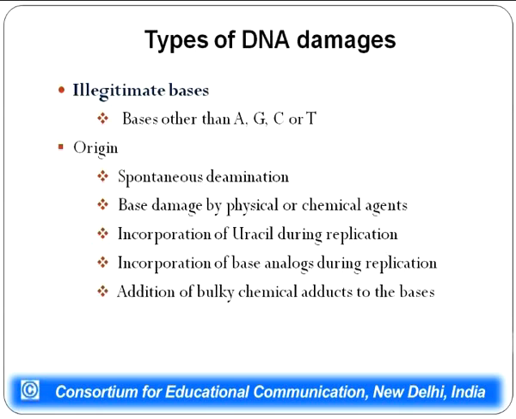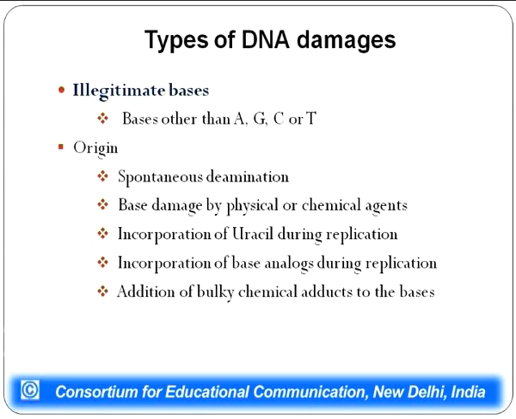The various categories of DNA damage are incorporation of illegitimate bases, that is, bases which are other than the A, G, C and T bases present in the DNA of the organism. These bases could arise because of spontaneous deamination, or because of any physical or chemical agents, or incorporation of base analogues.